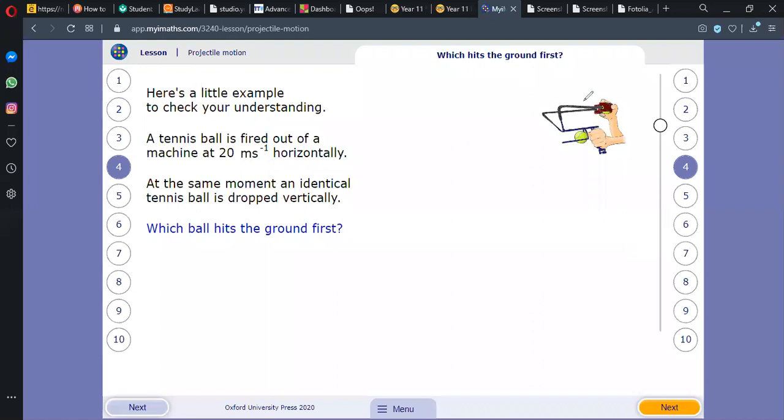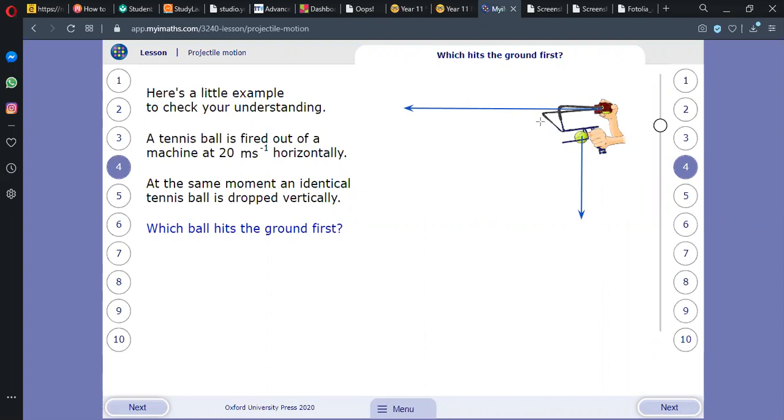So if you take a look at that, this guy should go like this, while this guy should drop downwards like this. Of course, you know that if this is going this way, it's not going to keep going in this direction because of acceleration due to gravity.